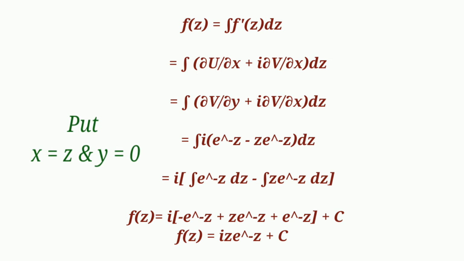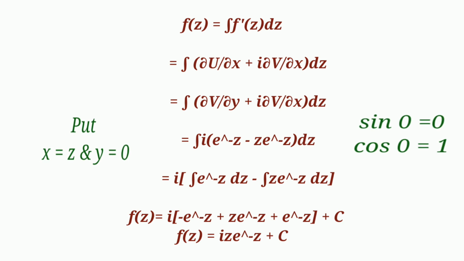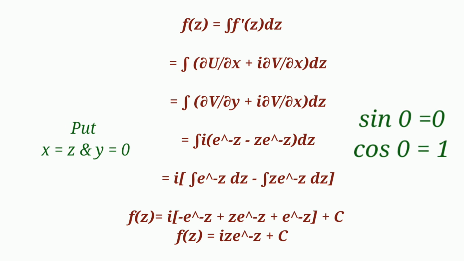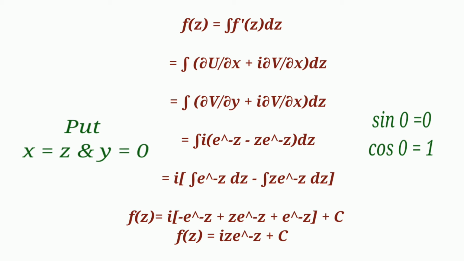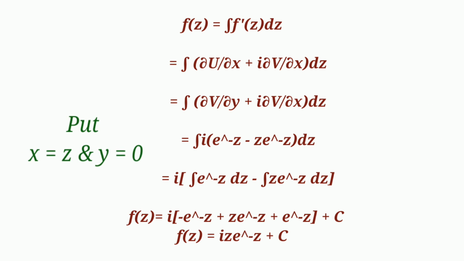While replacing y by 0, you have to keep in mind cos 0 is 1 and sin 0 is 0. So in ∂v/∂y, the first term is 0 since sin y is 0. Second term is also 0 because in second term there is y cos y. When y is 0, the term is 0. Third term in ∂v/∂y is e raised to minus x sin y.